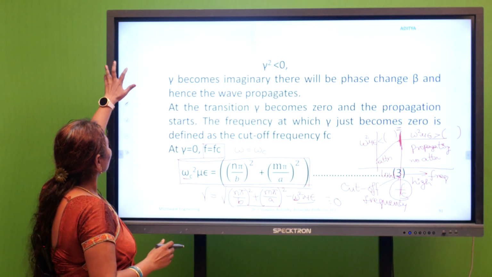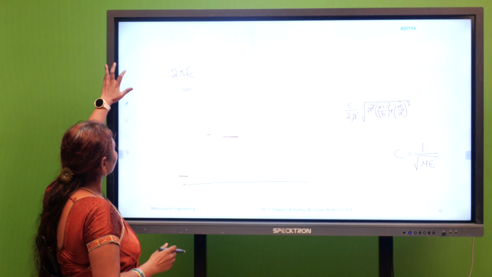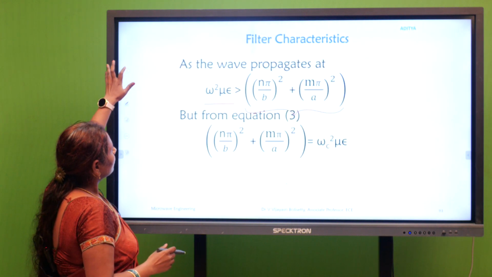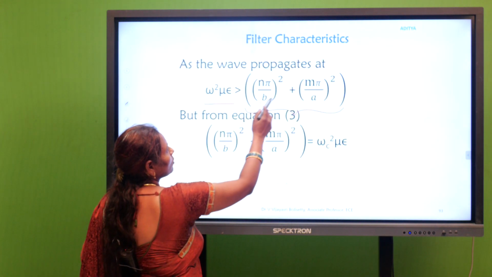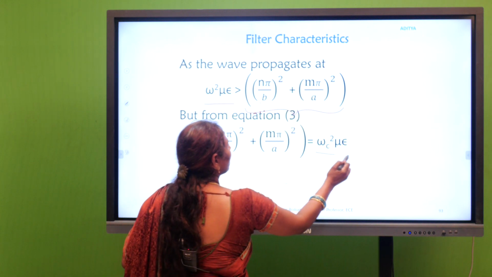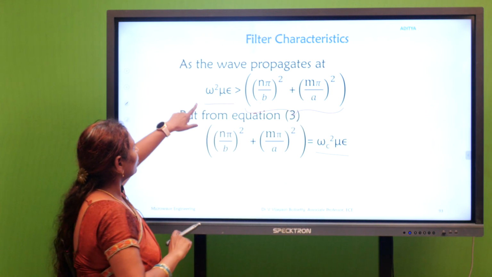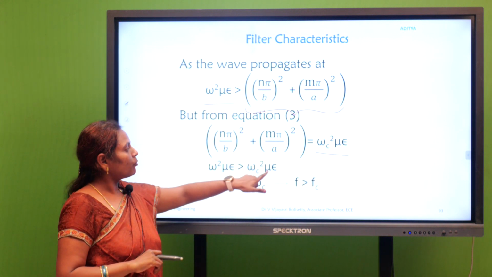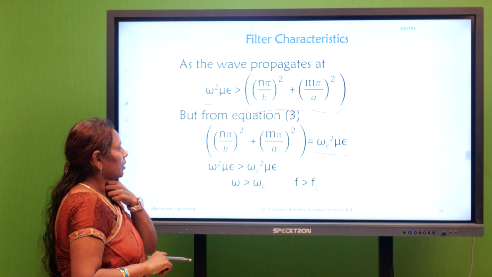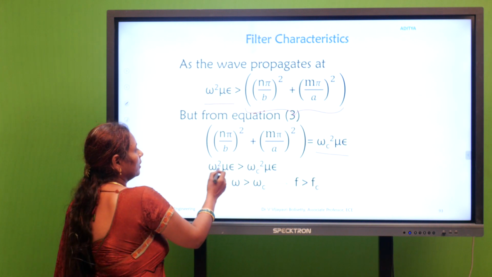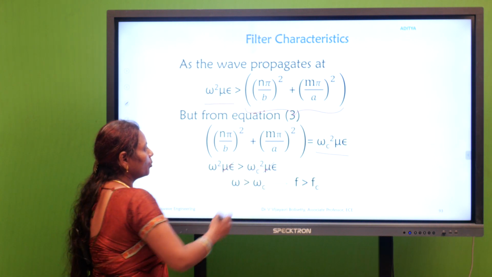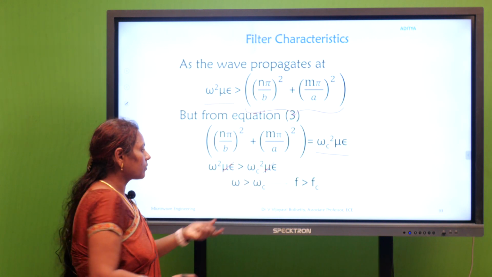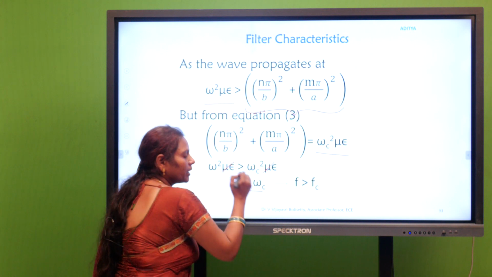So let us substitute the same. We are going to get the condition that omega square mu epsilon is greater than omega c square mu epsilon. If you cancel this mu epsilon on both sides, we can say that omega square should be greater than omega c square, or omega should be greater than omega c.